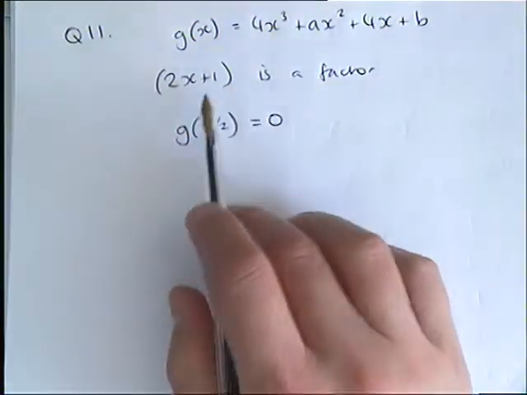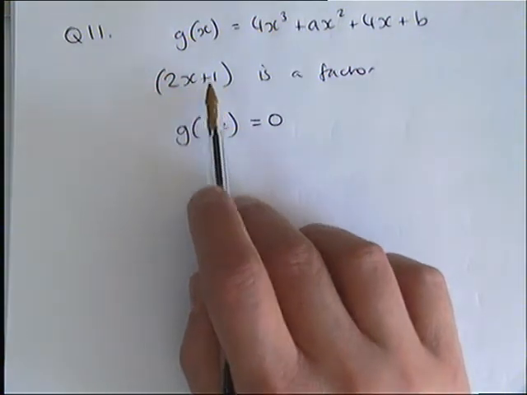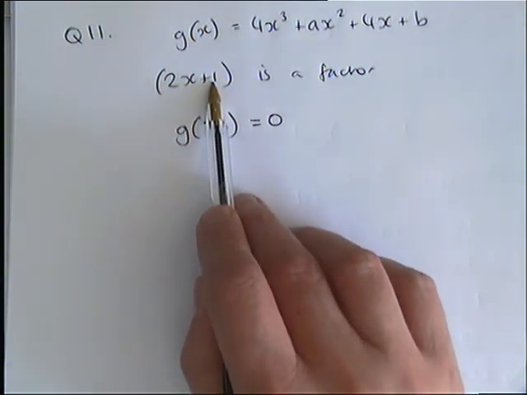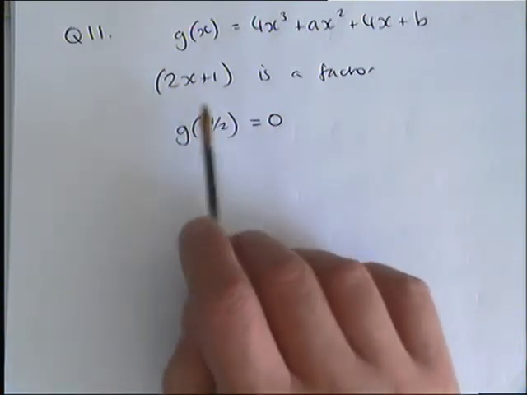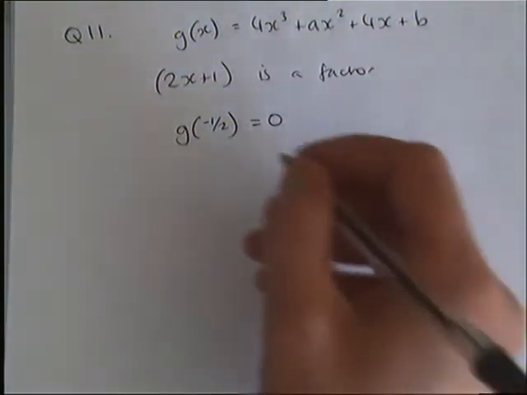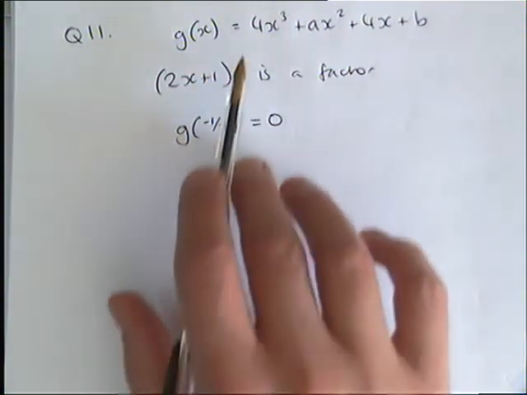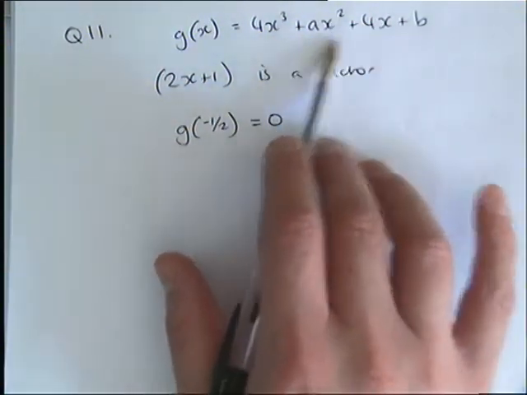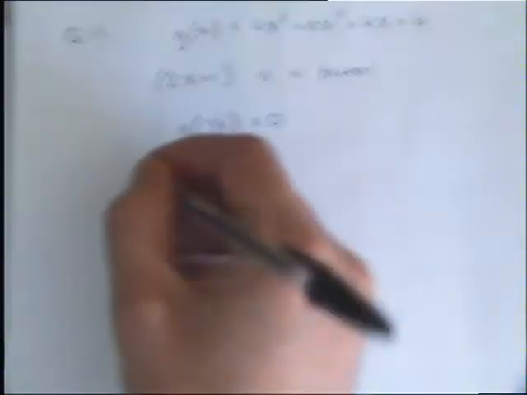Remember, if this is a factor, then when 2x equals minus 1 you will get a 0, and therefore x equals minus a half gives you a 0. How am I going to use this? Well, I'm going to substitute minus a half into here, and it will give me hopefully an equation with a and b in it. So let's do that.